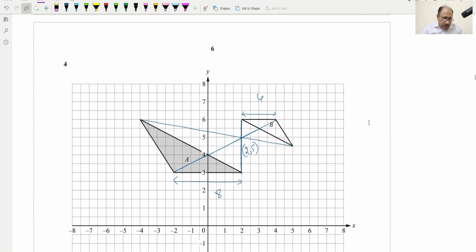Which one will that be? This will be the x is equal to minus 3 line, and we have to reflect the triangle. So we can reflect this point on the other side of the line, which will be 1 2.